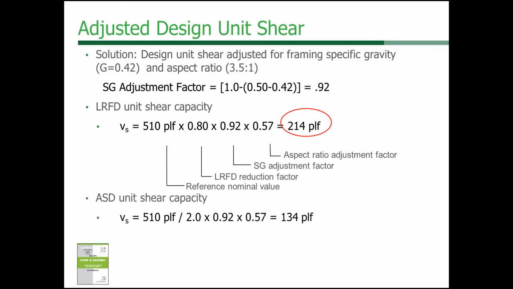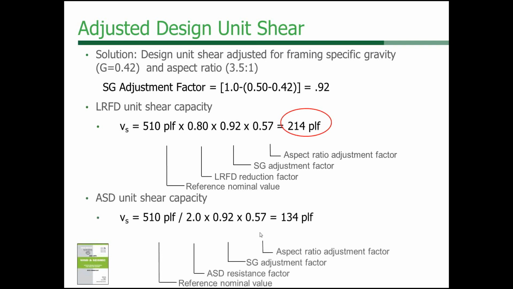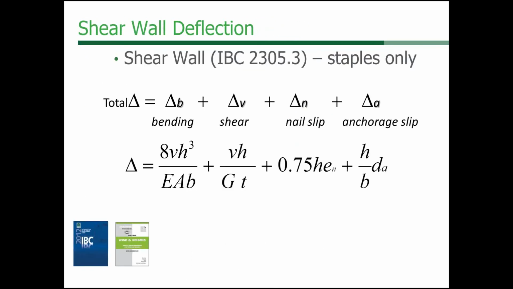Now for the ASD design, similar, we divide by 2, with similar adjustments for the specific gravity and the aspect ratio, and we're at 134. Now you can't say, well, you get more with LRFD, because you're not comparing apples to apples. It's just that this is what the capacity is based on the similar reductions.